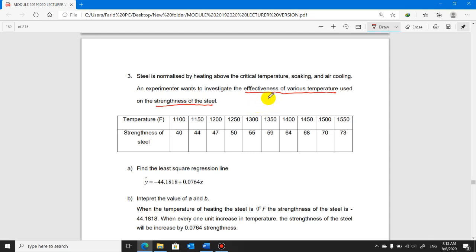So for this question, first is the temperature. It says the effect of various temperatures versus the strength of steel. Ask ourselves, which one can we control?